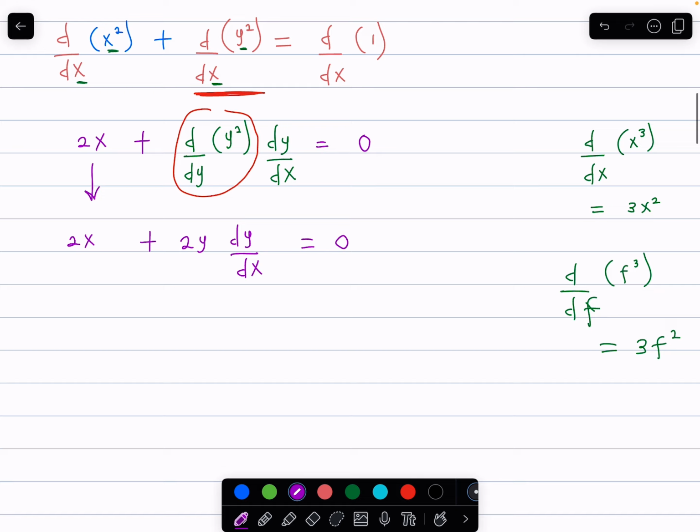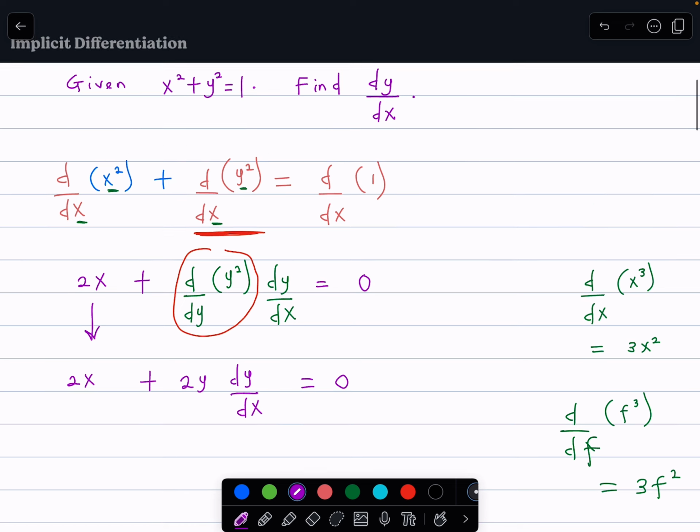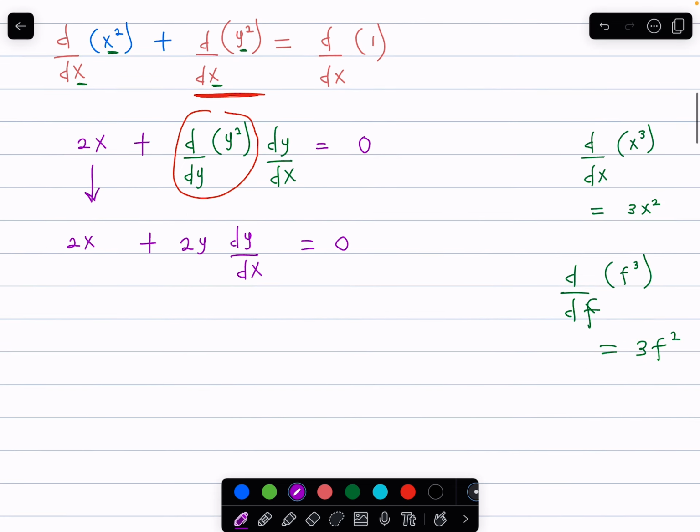Okay, so the next thing I want to do is make dy dx the subject of the formula, because from the question, I want to find dy dx. So, making dy dx the subject, I just bring the 2x to the other side.